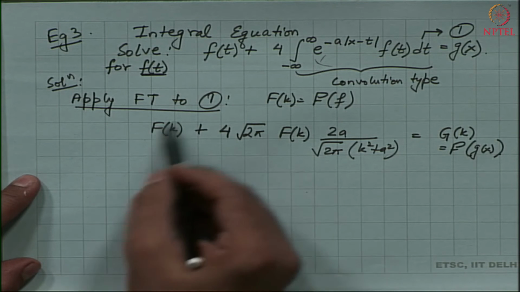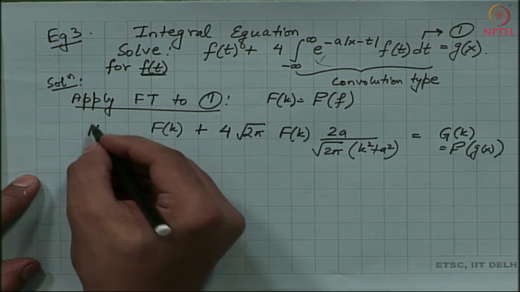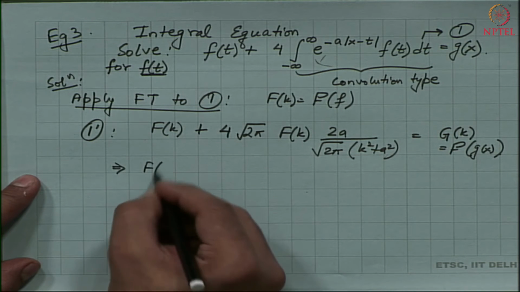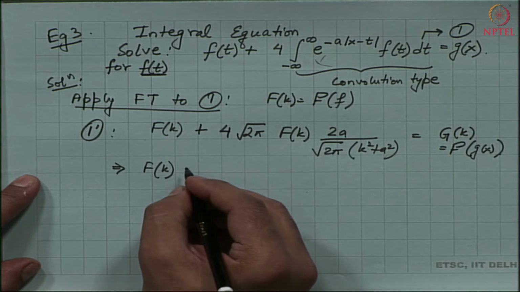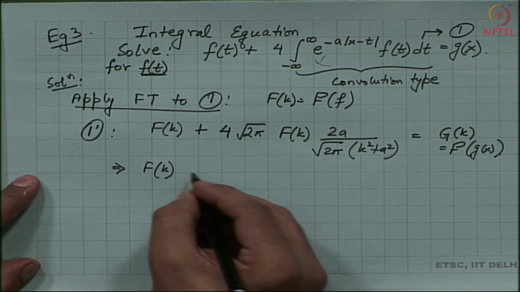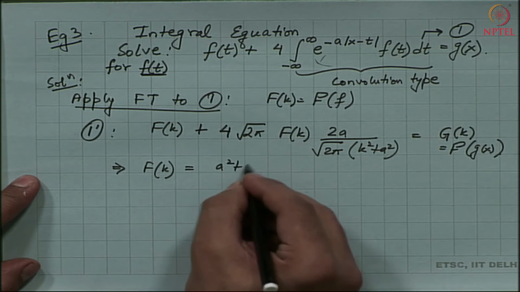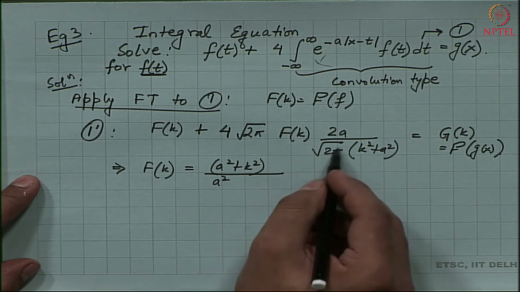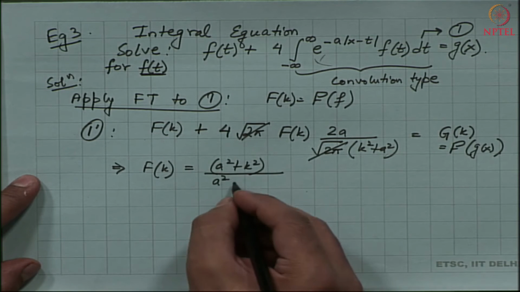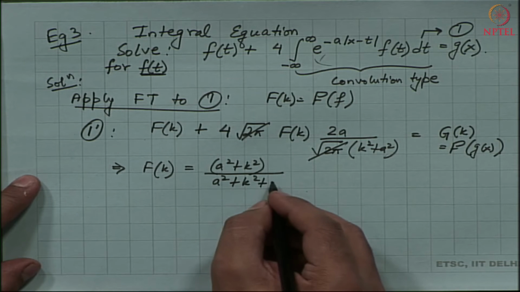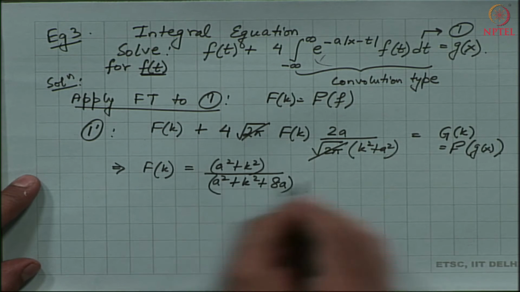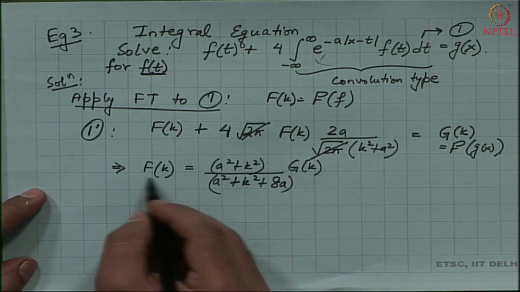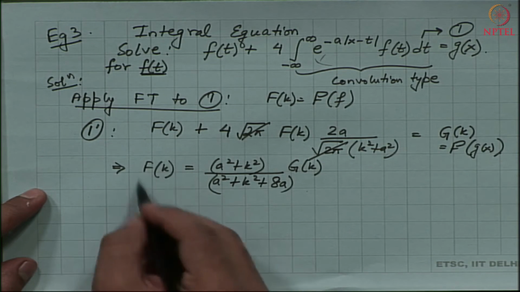Okay. So, when we simplify this equation, let me call this 1 prime. So, 1 prime becomes f of k equal to a square plus k square divided by a square plus k square plus 8a, times g of k. Let us simplify and do all the calculation. If we were to know the right hand side, we can immediately take the inverse transform and find the solution f.